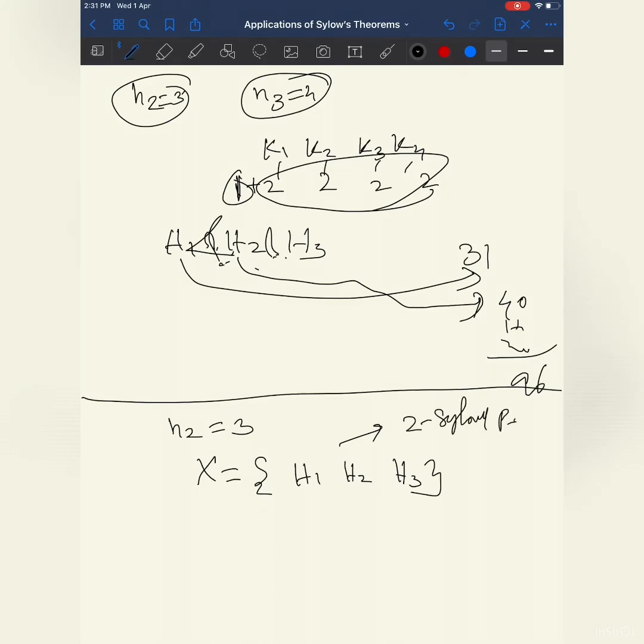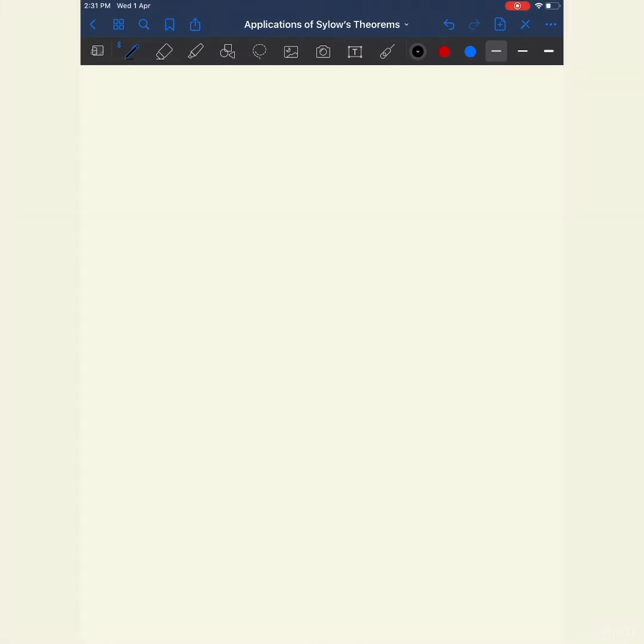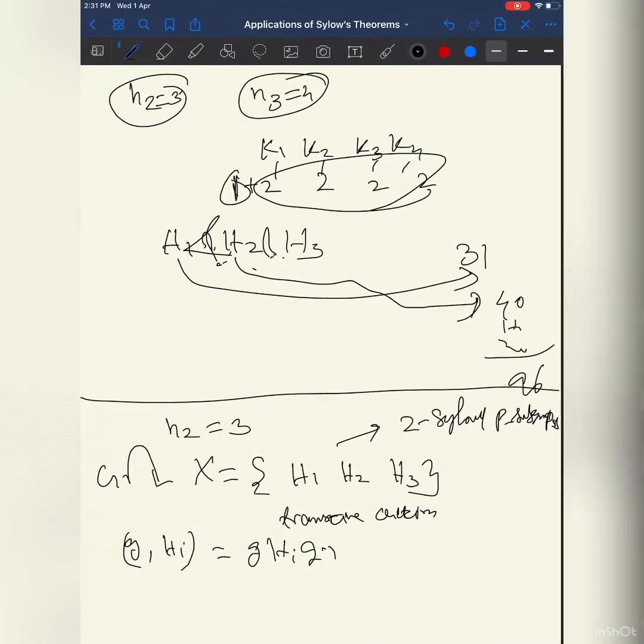Now I am acting G on this. As in the review of my Sylow theorem statements, you will see we have a group action which is a transitive action.